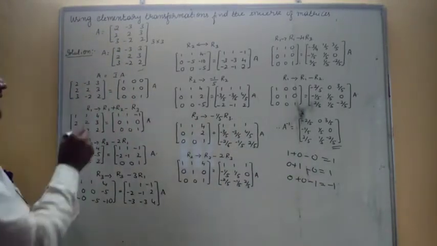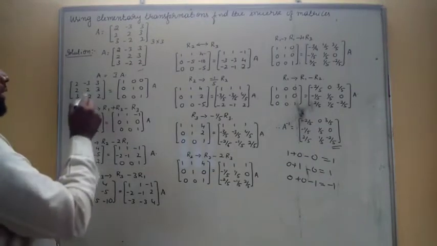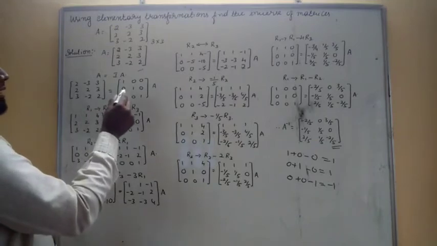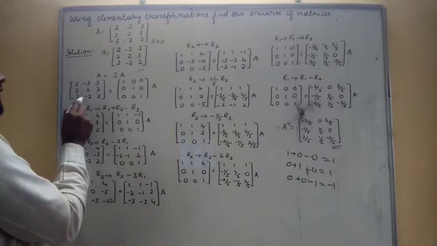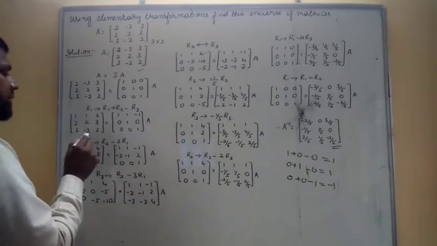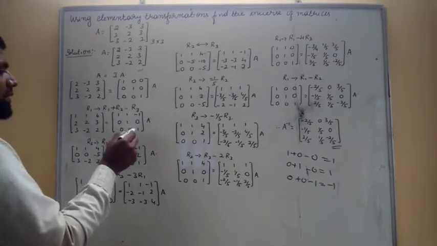So we have changed only row 1. Then we write row 2 as 2 2 3 and on the right side 0 1 0, and row 3 as 3 minus 2 2 and on the right side 0 0 1.